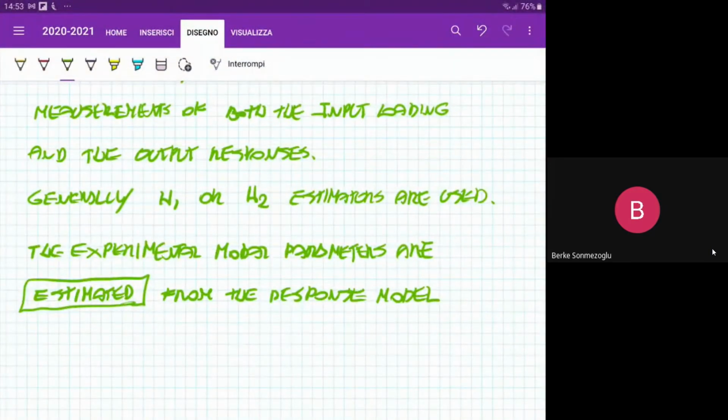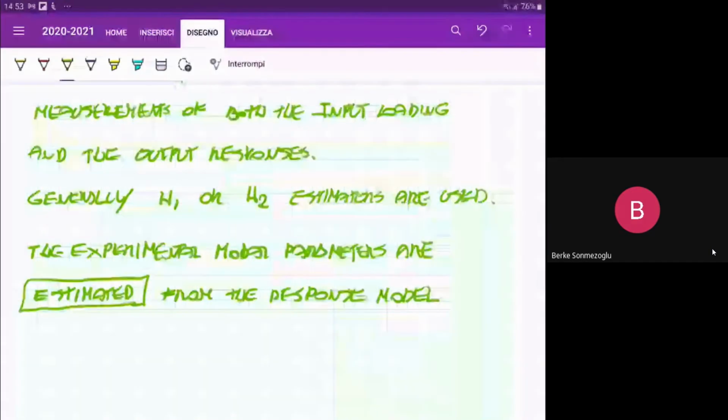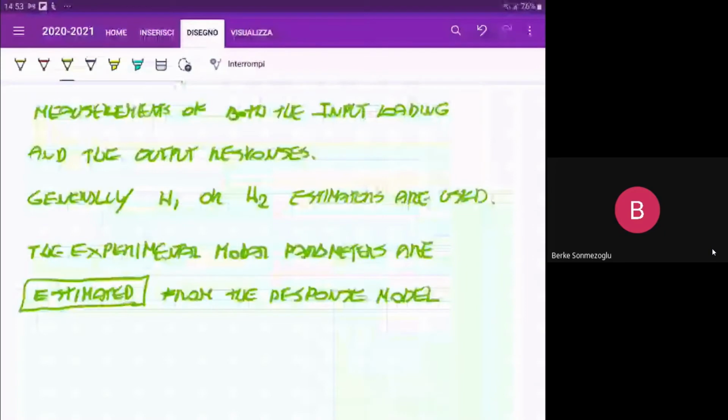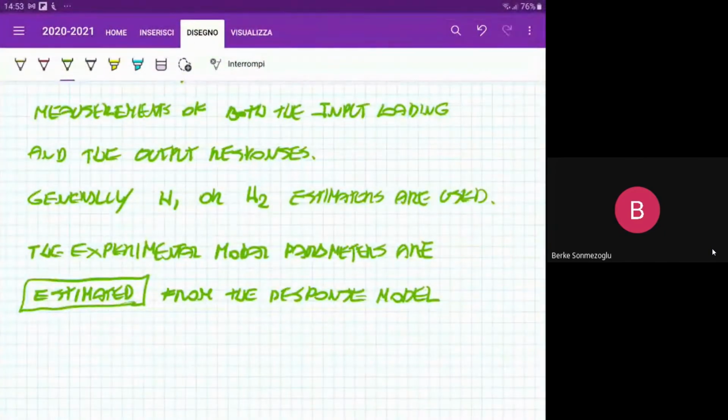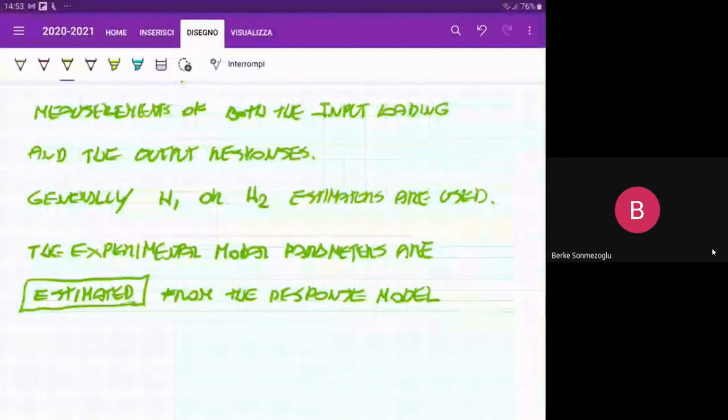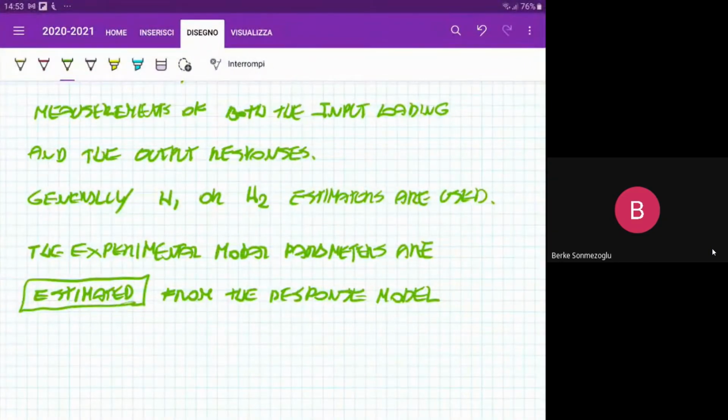Why that? Because we have to estimate. We are not simply calculating, evaluating from a numerical subroutine these model parameters, because an estimation process is always required, because the solution to this problem is not a unique one.